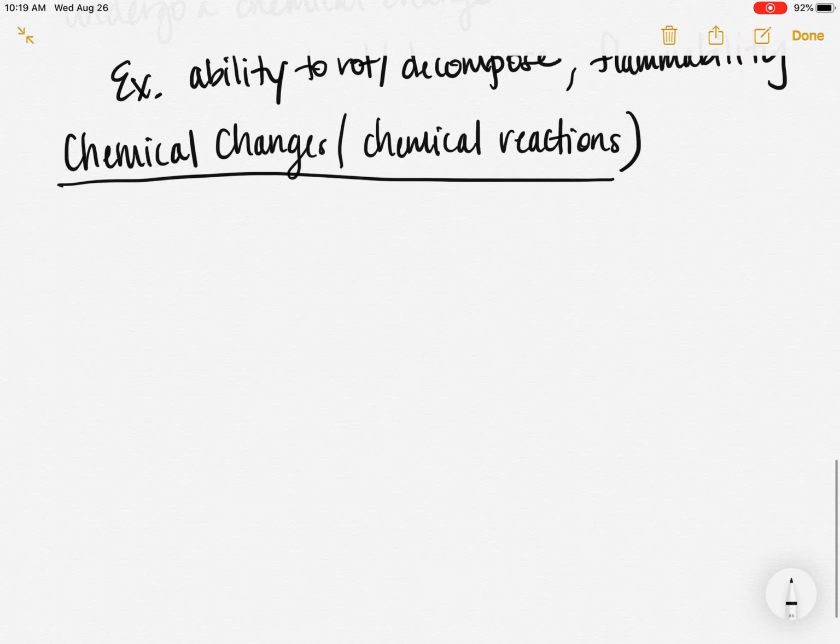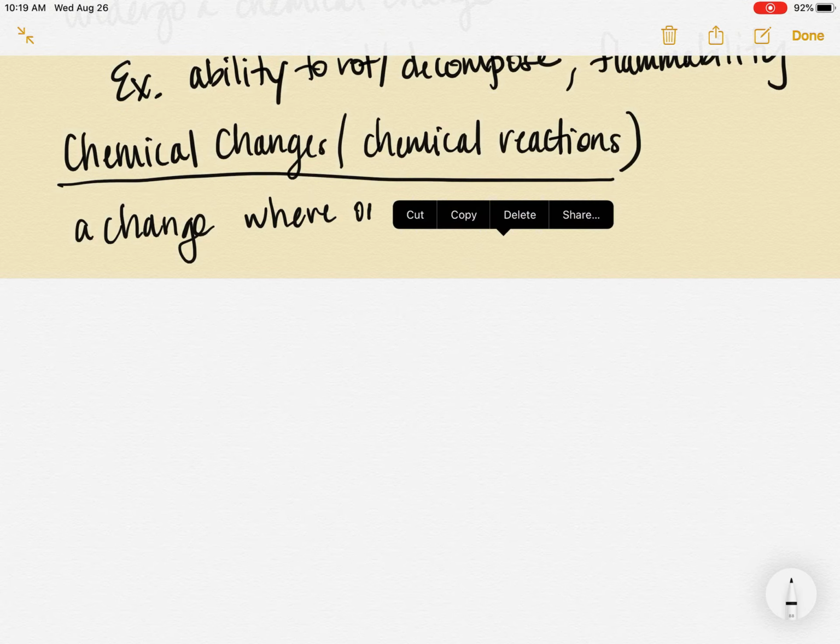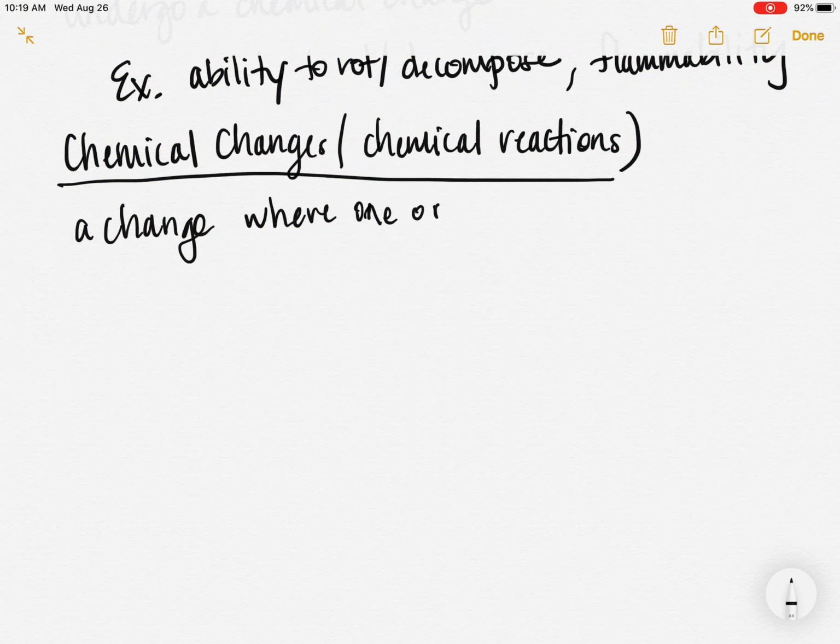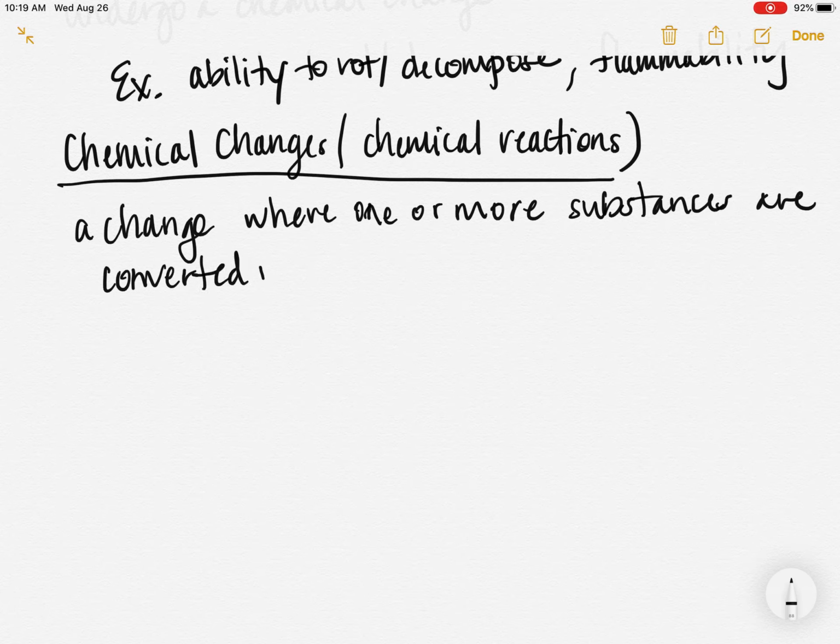So that's our last part of this lecture, what is a chemical change or a chemical reaction? It's a change where one or more substances are converted into new substances.